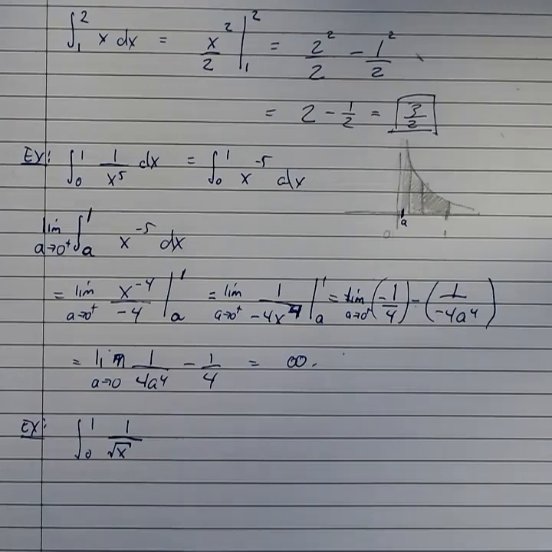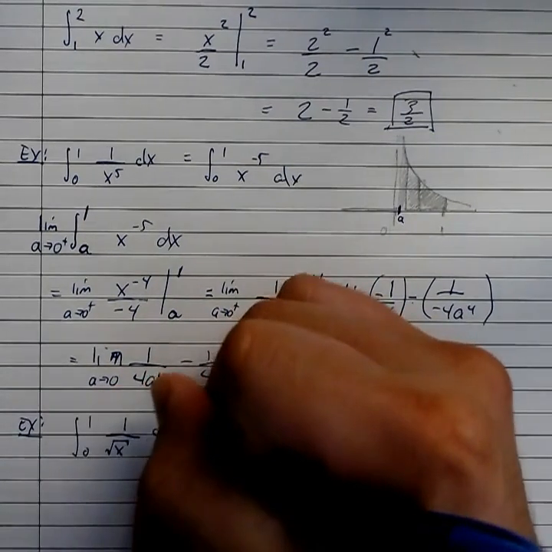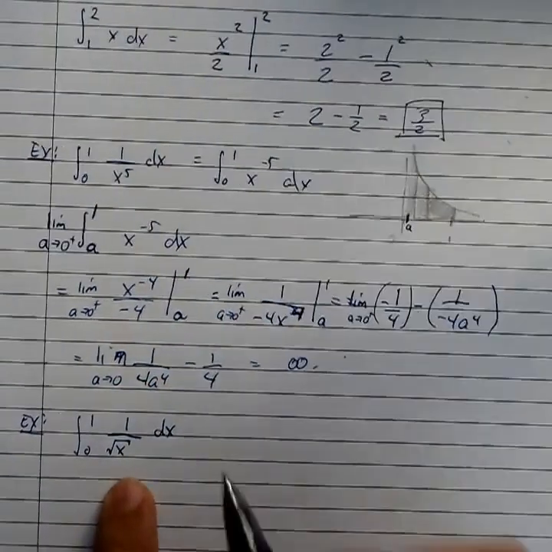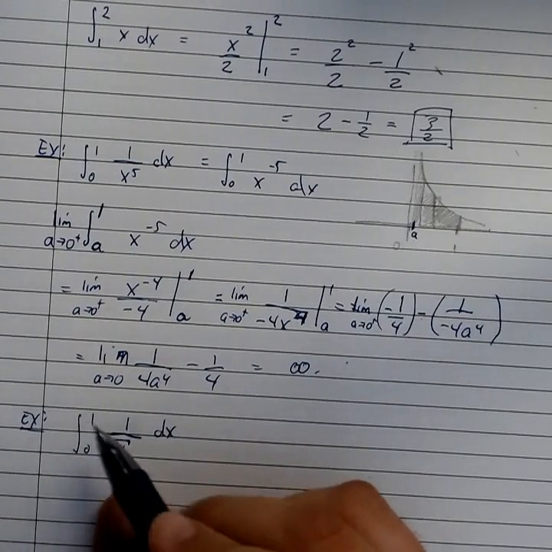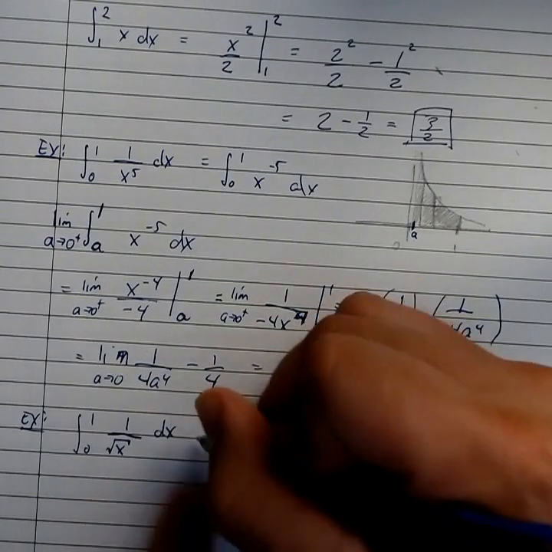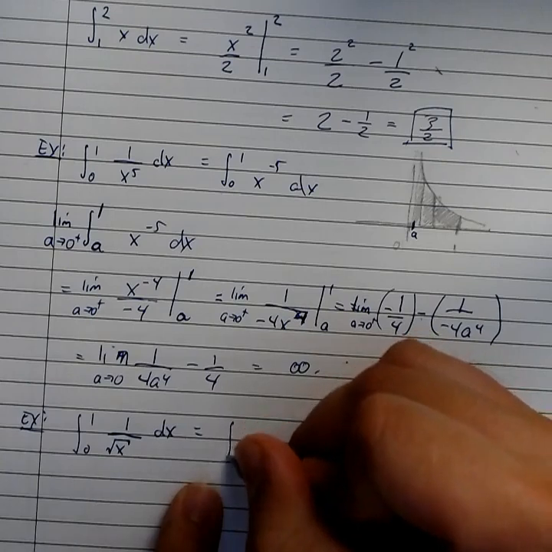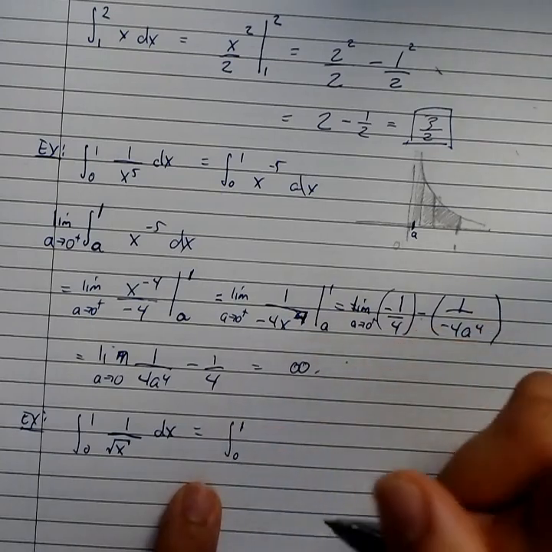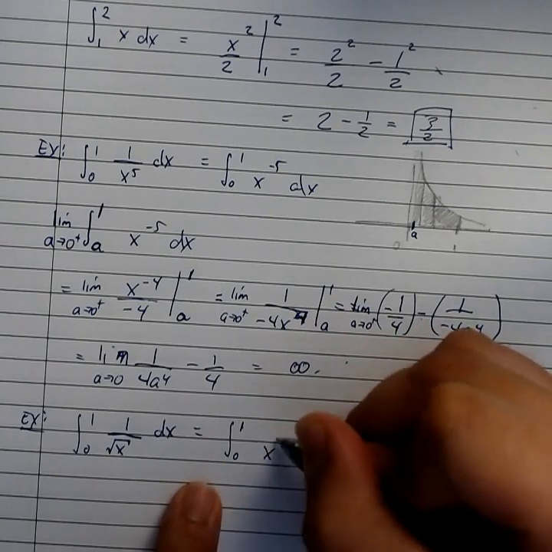All right, so let's take a look. Oh, and my apologies, I never put a differential in there. All right, so here we say that's the integral from 0 to 1 of 1 over square root of x. Let me rewrite that in a slightly more friendly looking notation. Let's write this as x to the minus 1/2.